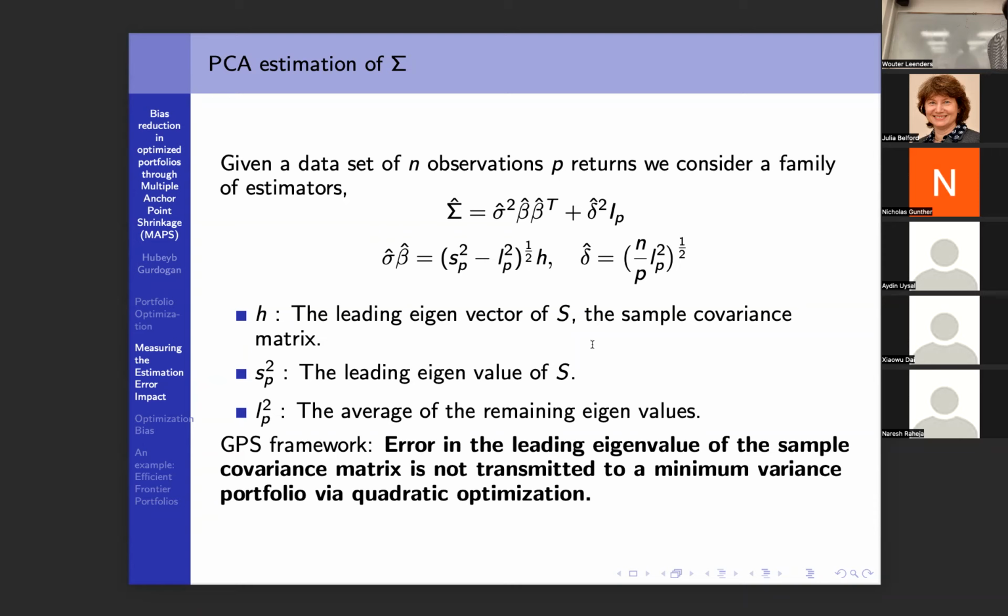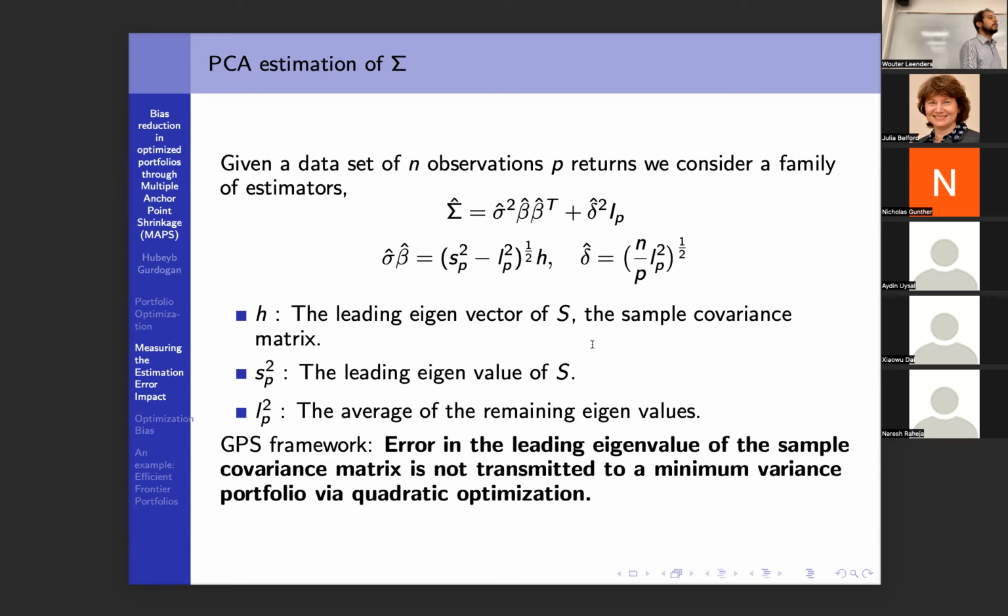This comment, whatever it means, is true in a very specific setting. Not all settings have this property, but if you work in what I like to call the HL regime, where you have the number of securities, P, going to infinity, and the number of observations, N, staying fixed, then if you look at a formula for this forecast variance ratio, asymptotically, the estimated eigenvalue drops out.